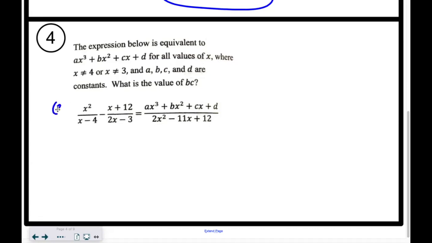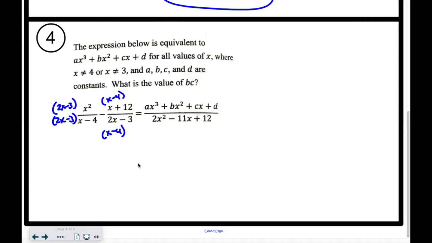So I'm going to have to multiply this one by 2x minus 3 over 2x minus 3, and this one over here by x minus 4 over x minus 4. And multiplying 2x minus 3 by x minus 4 does give me this. You could just double check, but it definitely does.